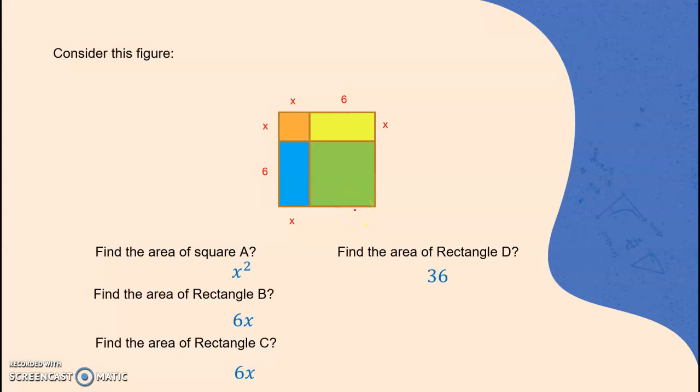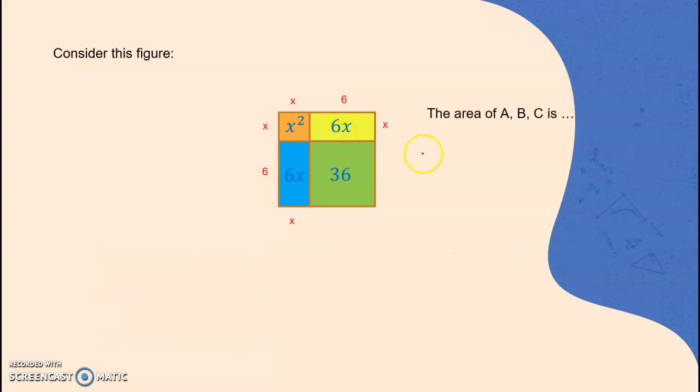So next, let's try to put them in these spaces here. So si x squared dyan sa orange na square, si 6x sa yellow, si 6x na isa sa blue, at saka si 36 sa green. So next question is, what is the total area of the figures A, B, and C?